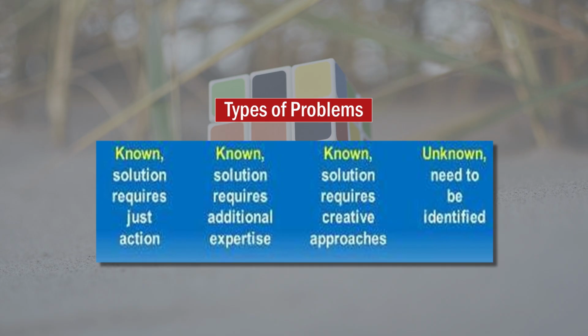Subsequently, there are problems you know where the solution requires only additional expertise, and there is a class of problem where the problem is known and you require creative approaches. In the category where just action is required, you know what is required and you just need to place things in an appropriate manner.